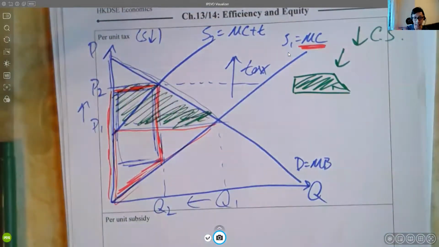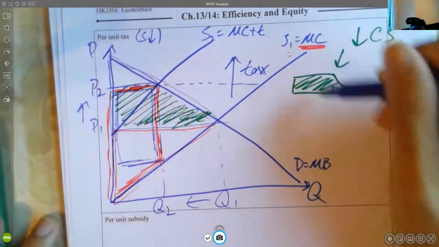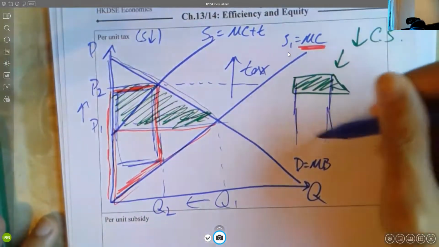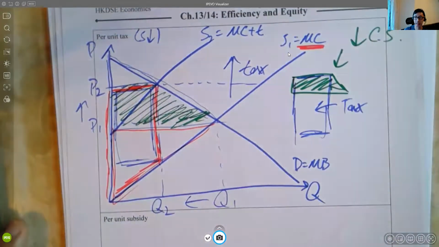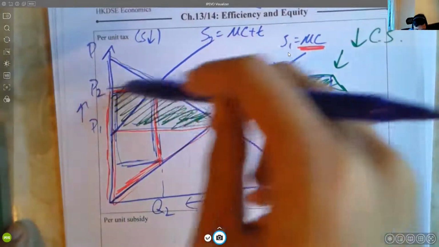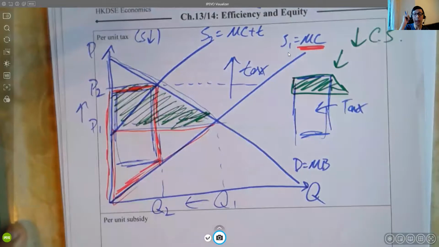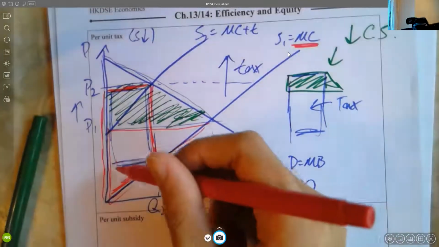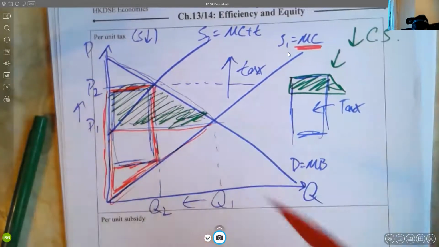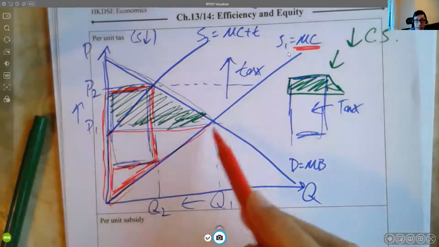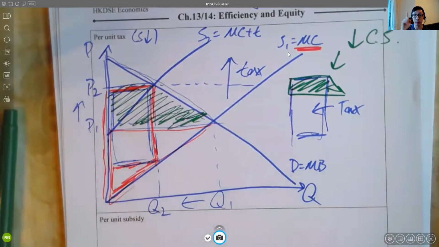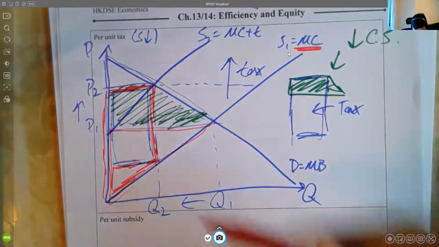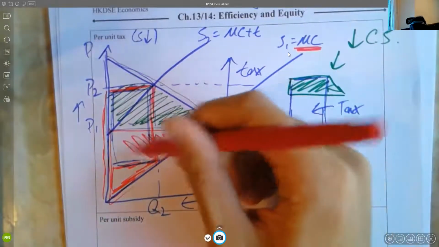No, you actually cannot get this part, because you need to pay the tax to the government. What does that mean? It seems like you get this trapezium, but after you pay the tax, the only thing you get is actually this little triangle. Therefore, we are comparing the big triangle and the small triangle. You see the new producer surplus actually has dropped.